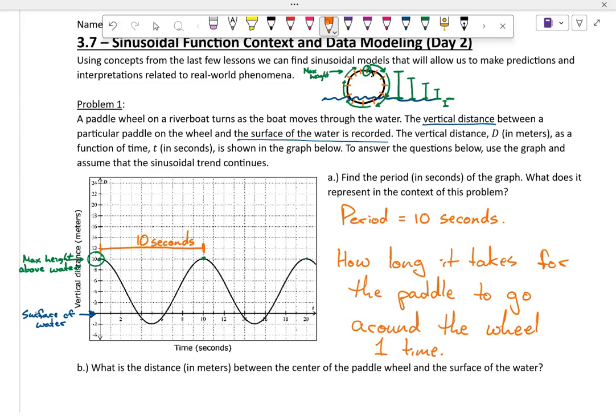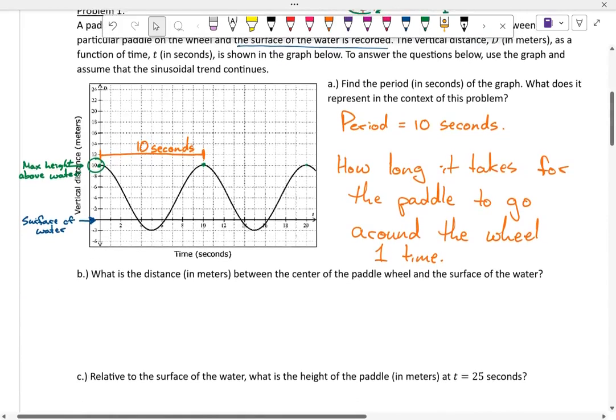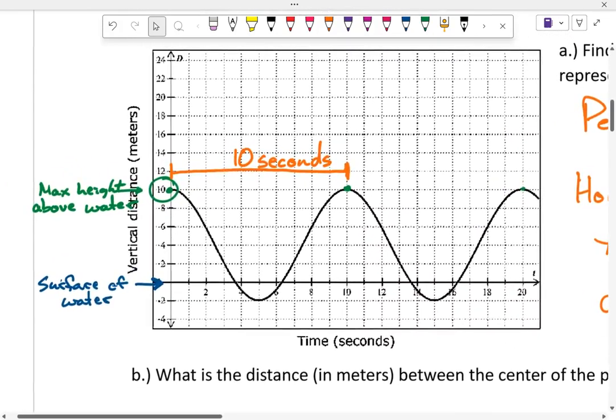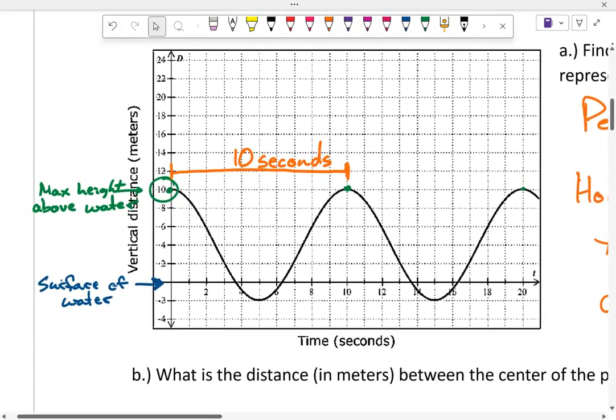Part B says, what is the distance in meters between the center of the paddle wheel and the surface of the water? All right. Where would the center of the wheel be on my graph? Does that make sense?